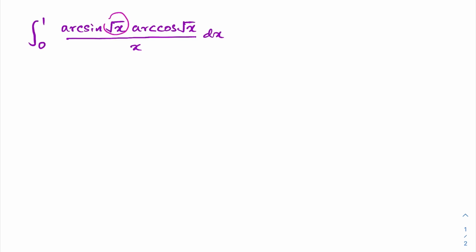Here square root of x, here square root of x, so square root of x is equal to t. Then we know x is equal to t square, then we can differentiate: dx is equal to 2 times t dt. Now we can substitute into our integral.